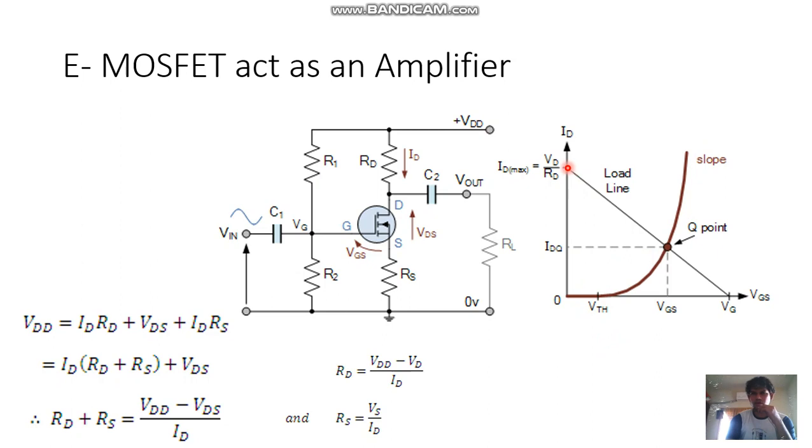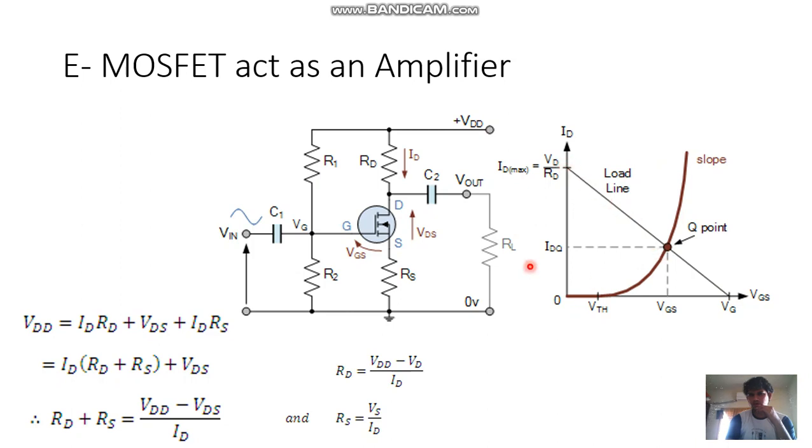ID equals VD by RD. Its value is maximum at this point and its value is 0 at this point, and this is called the load line. Load line means characteristics between output voltage and its current.